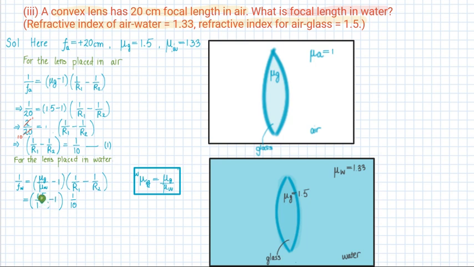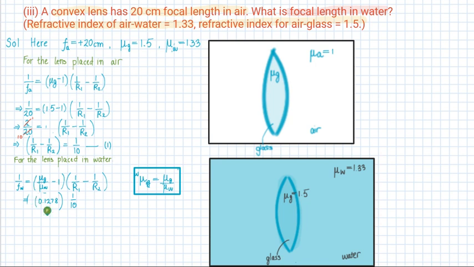I can write down, it is equal to 1.1278. And 1.1278 minus 1 equals 0.1278.